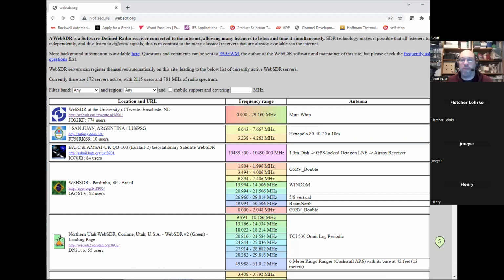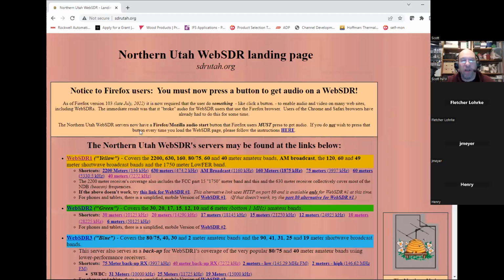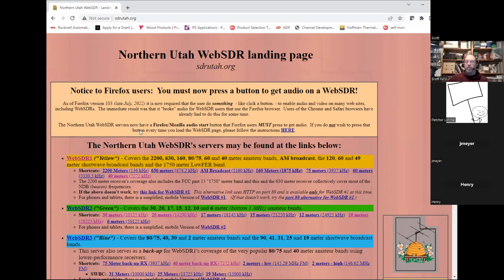Which is why sometimes I like going to the northern Utah one, because it's about 700-800 miles from where I live. And depending on the band I'm on, I can actually take a listen to myself, see what I sound like. In other words, I transmit on the air on 40 meters and I hear my own signal being picked up.